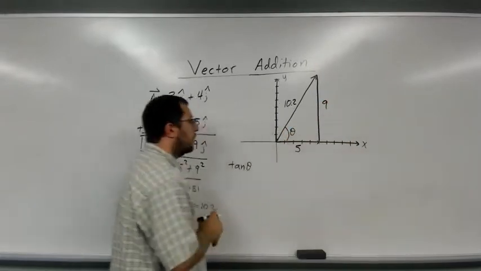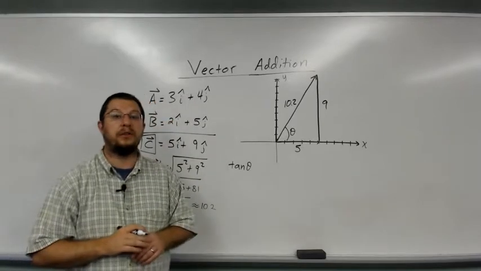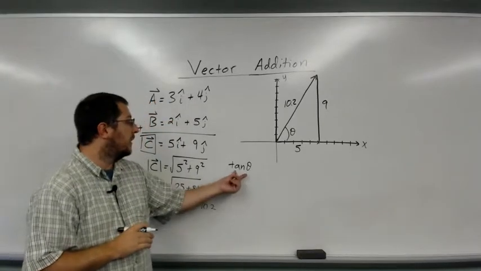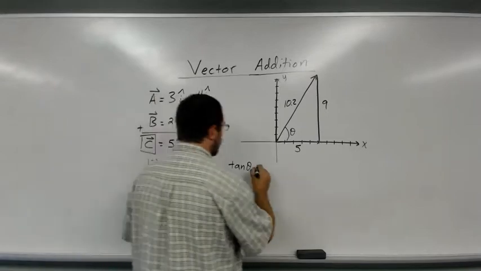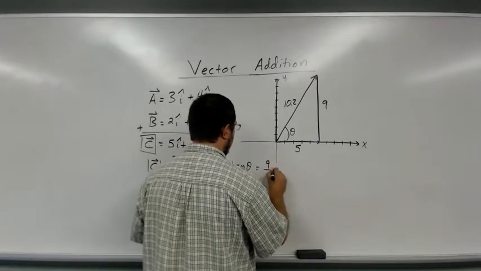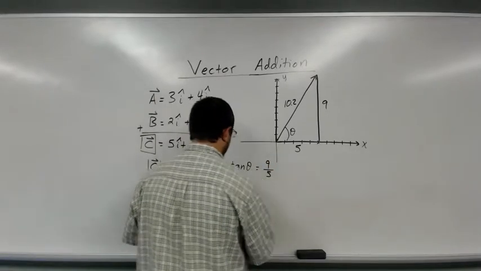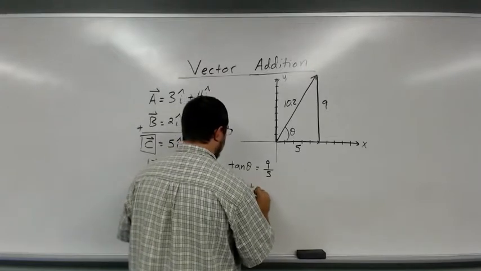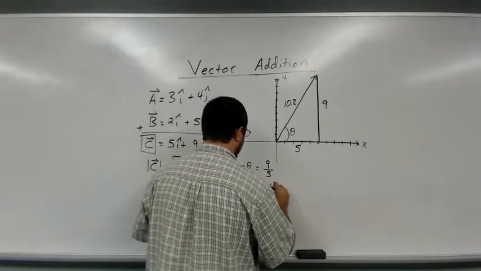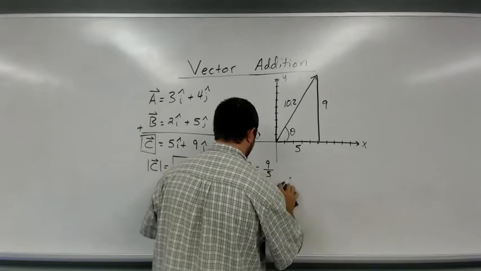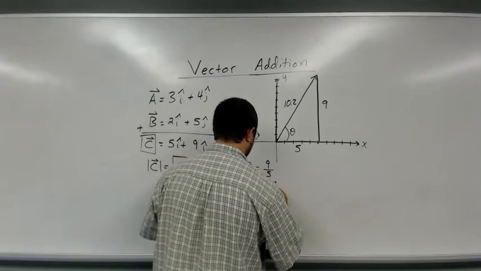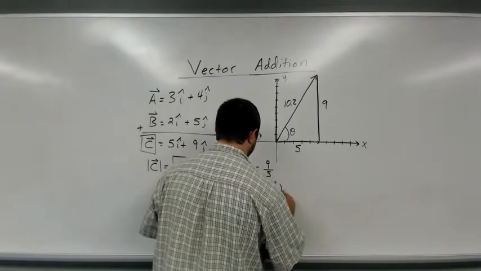Once again, we're typically going to measure our direction with respect to the x-axis. So tan theta is going to be equal to 9 over 5. And theta is going to be equal to the inverse tangent of 9 over 5, right?